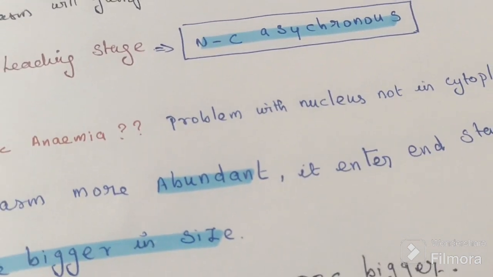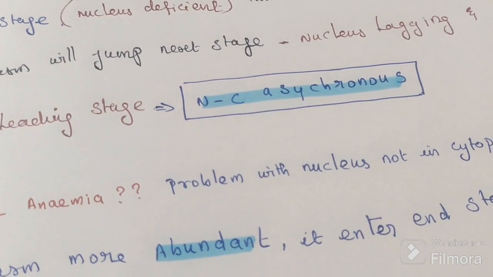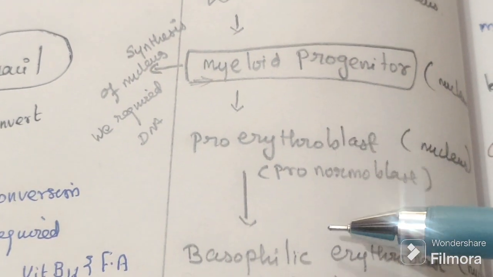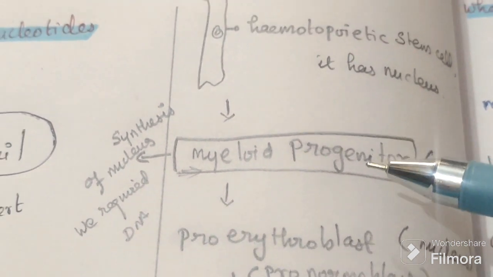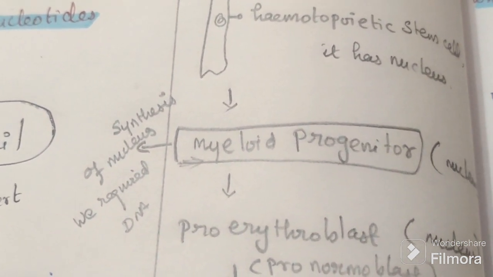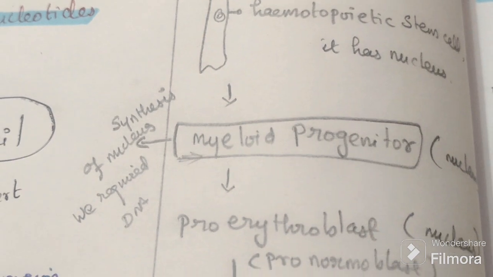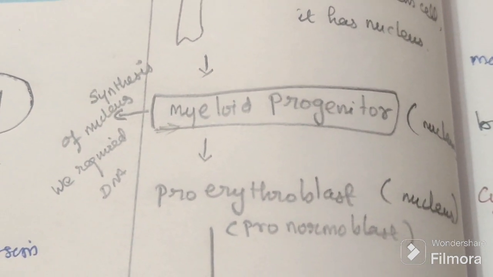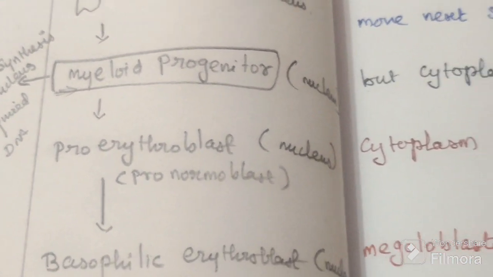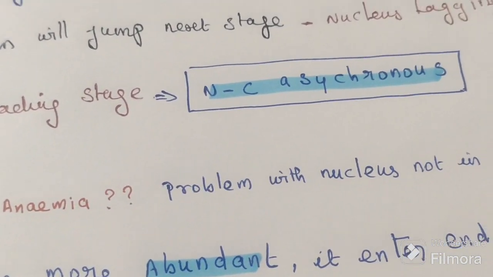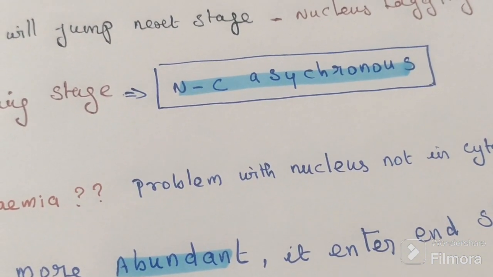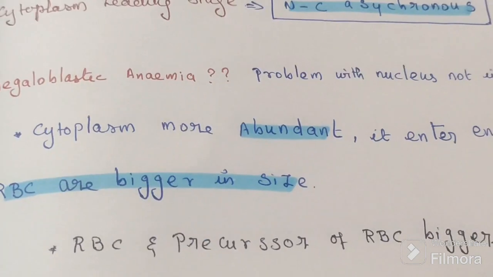This is the hallmark feature of megaloblastic anemia. Both should move to the next stage, but because of vitamin B12 and folic acid deficiency, the nucleus is not moving, only the cytoplasm is moving.